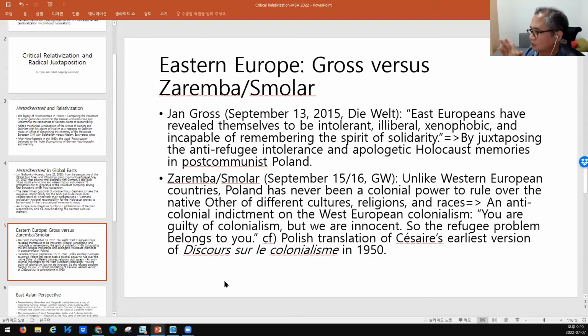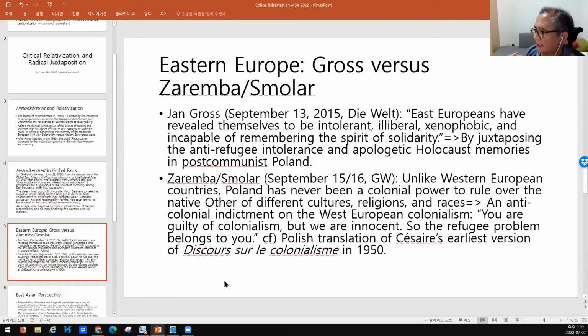By juxtaposing the anti-refugee intolerance in Poland and Eastern Europe in general with apologetic Holocaust memories in post-communist Poland and Eastern Europe, he tried to find a certain connectedness between their reluctance to accept Islamic refugees and their apologetic Holocaust memories.